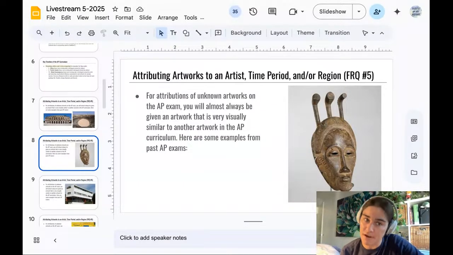Accurate identifiers include the title or the designation, the artist, or in some cases, the culture of origin, the materials, and the date of creation. So if you said portrait mask created by the ballet people, that would get 2 out of 2 identifier points. Okay.